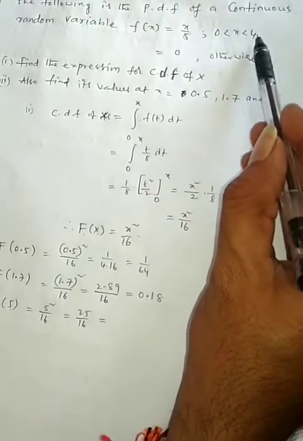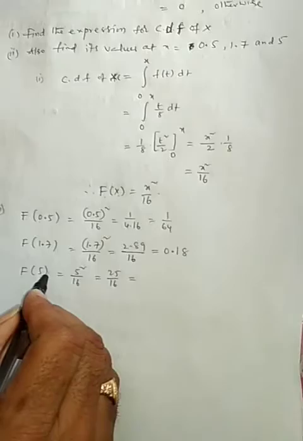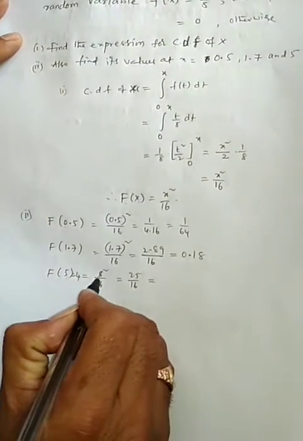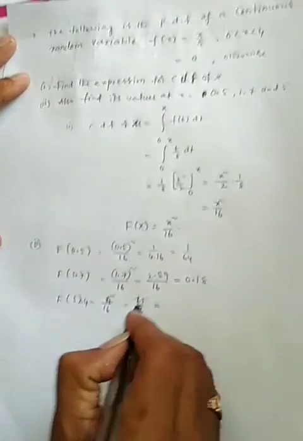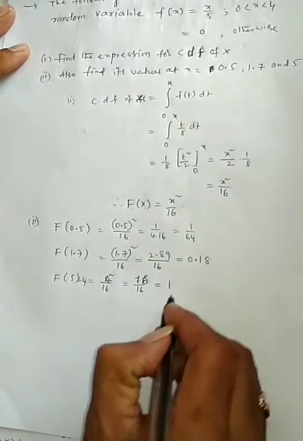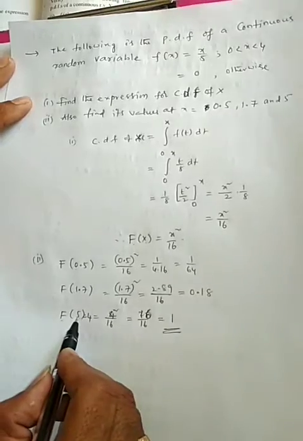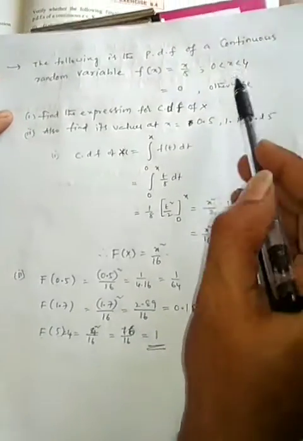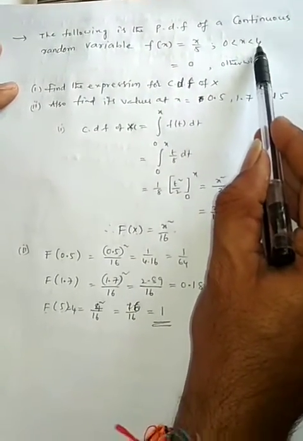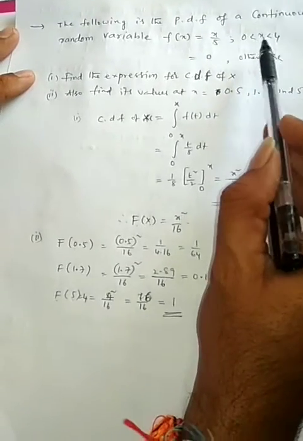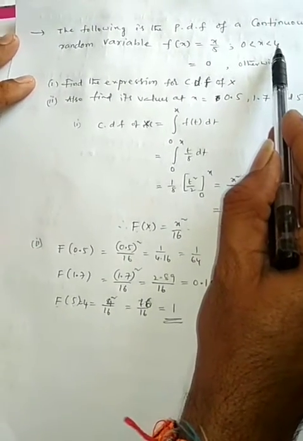So take the x value as 4, which is 4 square, so 16 by 16 is equal to 1. Because F(5) is not directly available, since the maximum value of x is 4, in the F(5) case also you take the x value as 4.